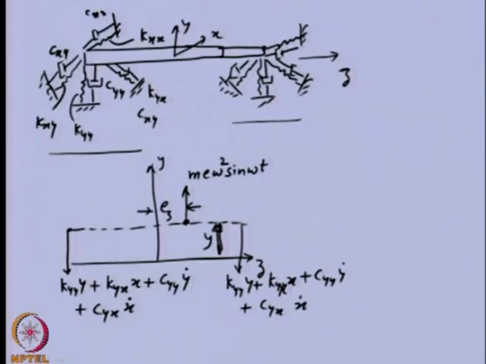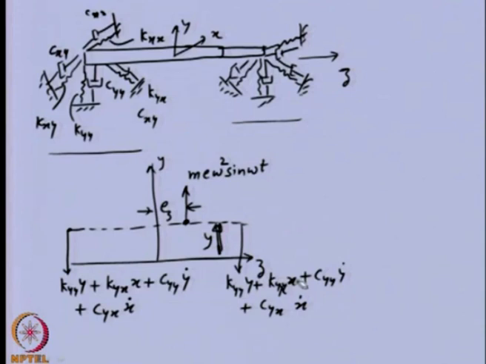So this is the free body diagram of the shaft. This dotted line represents the shaft center line, acted upon by the centrifugal force here and the bearing reaction forces because of displacement in the x and y direction. We cannot separate the x and y displacements, so both the forces will come into this particular model.